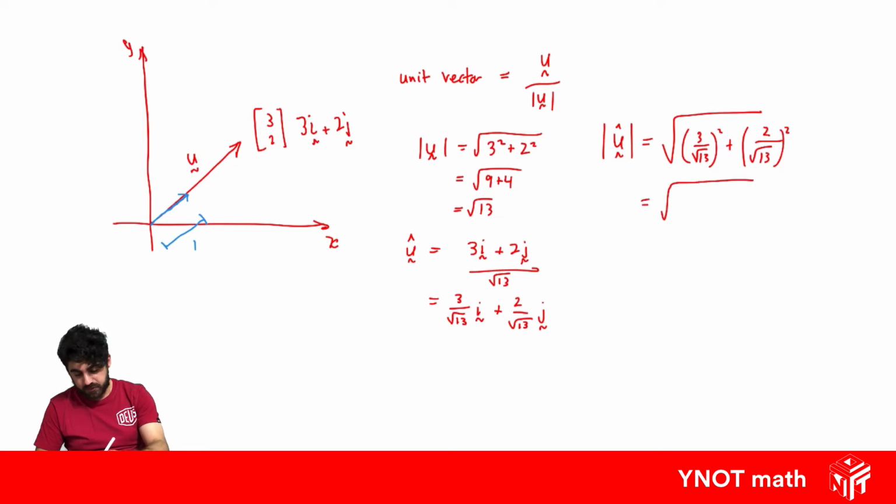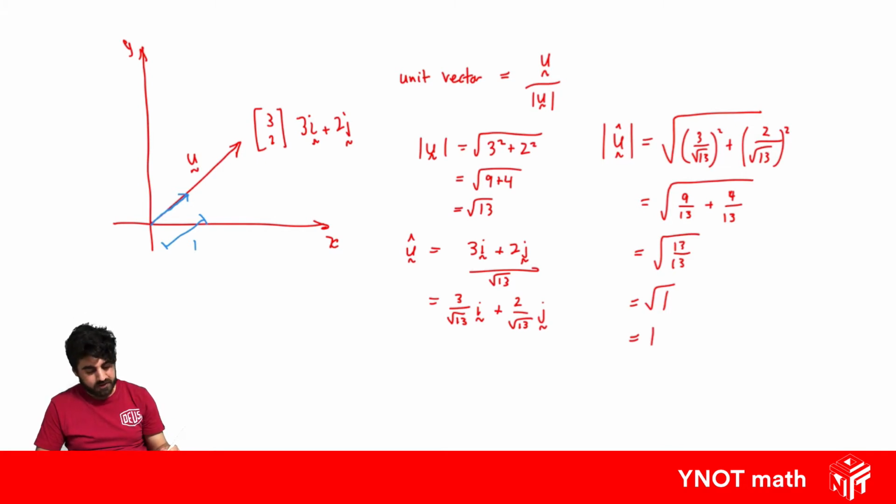That's going to give us root of 9 on 13 plus 4 on 13, which is root 13 on 13, which is root 1, which is in fact 1. So we can see that we've successfully created a vector that's parallel to this vector and has a magnitude of 1.